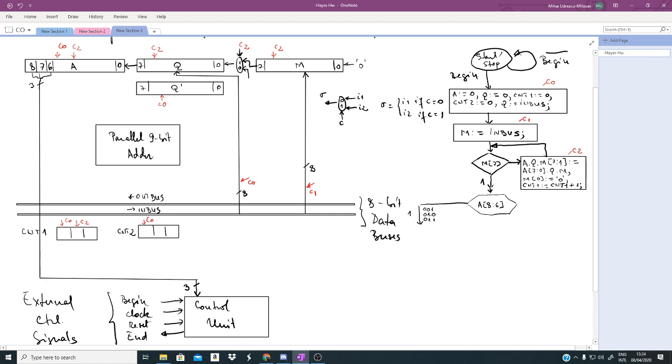I mean, these bits have to be different. We cannot have three identical values, like 0, 0, 0, and 1, 1, 1. And they should start with a 0, meaning that it is positive.